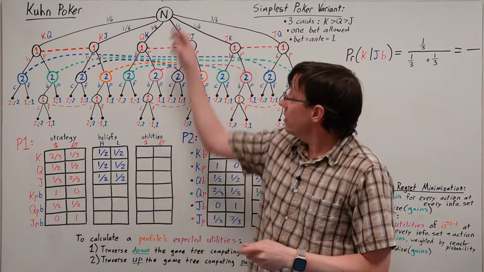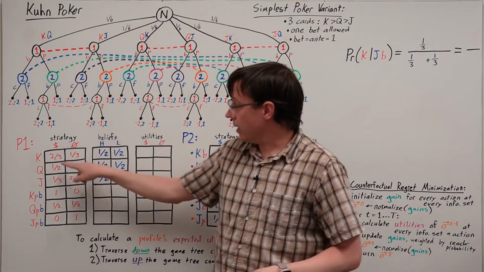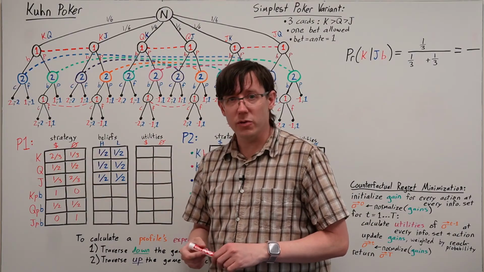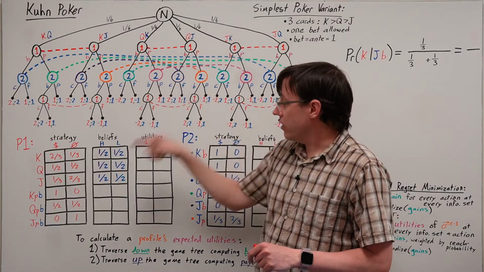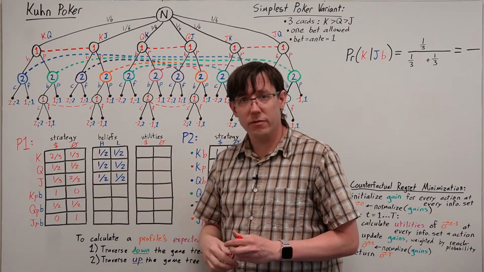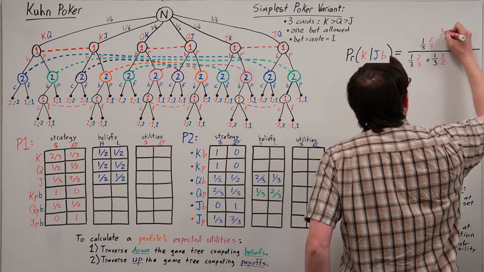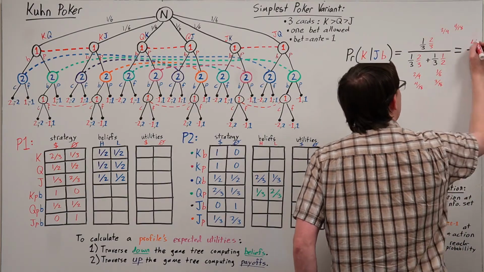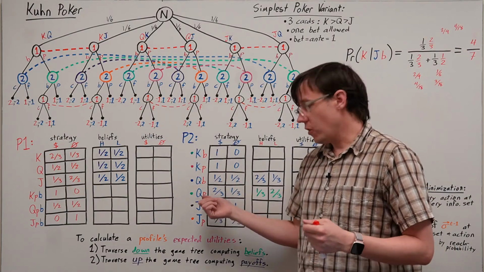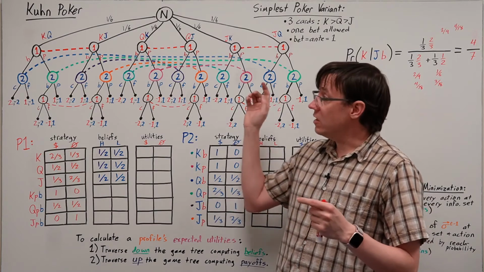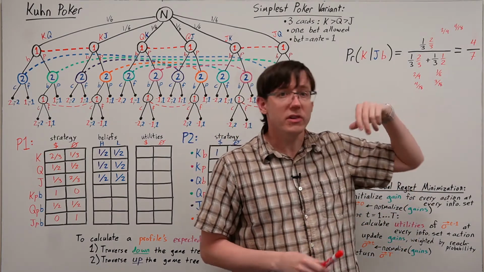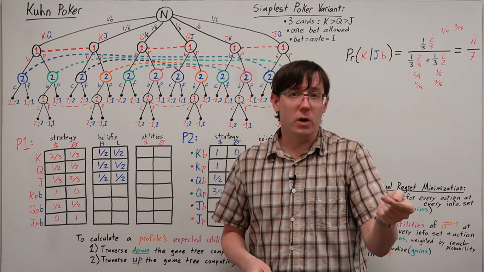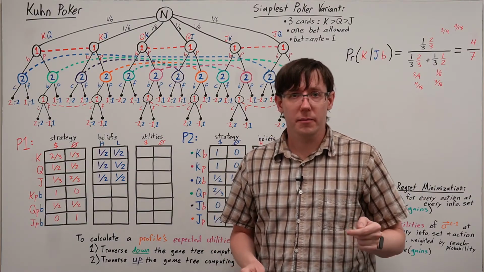And then, if player 1 was dealt a king, they will bet with probability 2/3. Whereas if they were dealt a queen, they will bet with probability 1/2. And so if player 2 is holding a jack and sees player 1 bet, they conclude that there is a 4/7 probability that player 1 is holding a king.